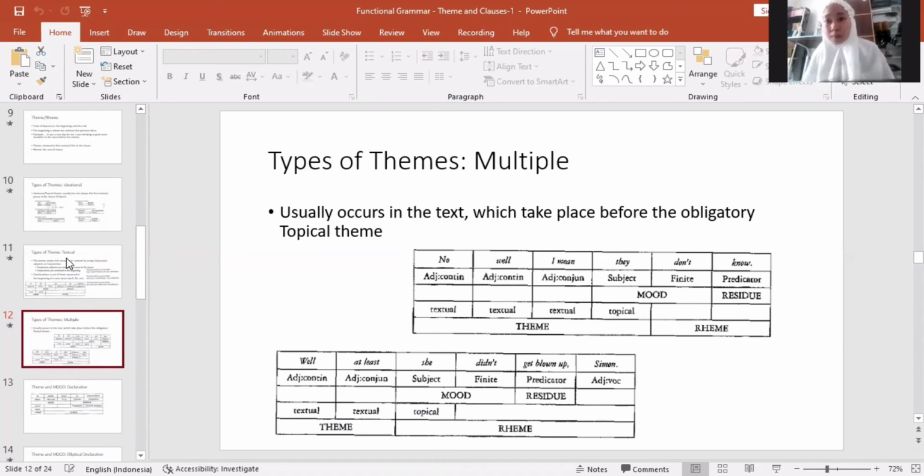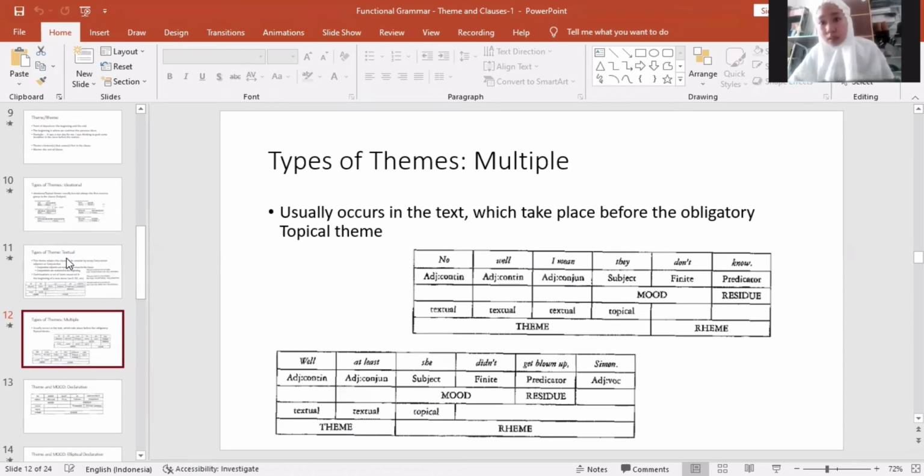The types of themes: multiple. It usually occurs in texts, taking place before the obligatory topical theme. Multiple theme consists of textual or interpersonal plus the topical theme. For example: no, well, I mean they don't know. No is adjunct of continuative.